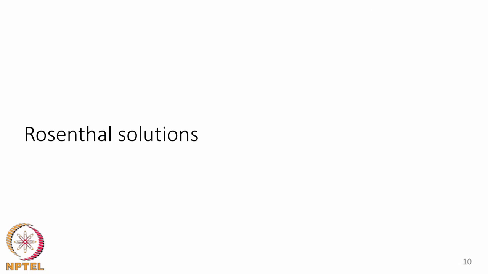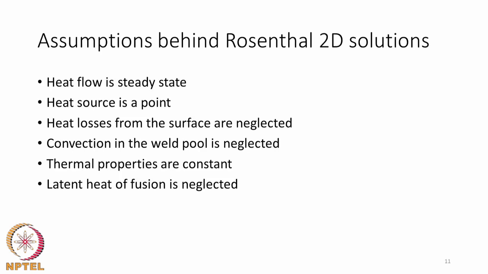And these solutions are limited in their aspect, and if you want to go to higher dimensions, we then usually come to the classical work by Rosenthal, and he has given his solutions in 2 modes, 2D and 3D. The assumptions that go behind the Rosenthal's solutions are listed here.